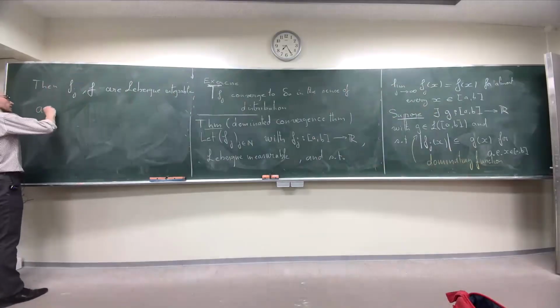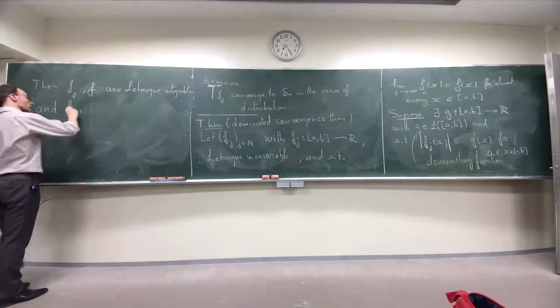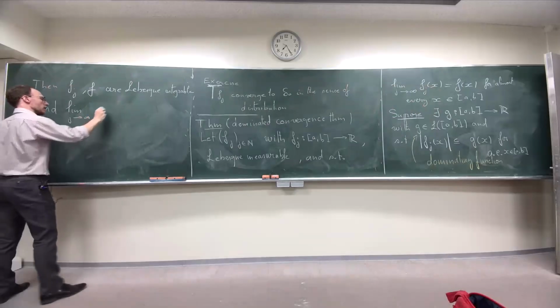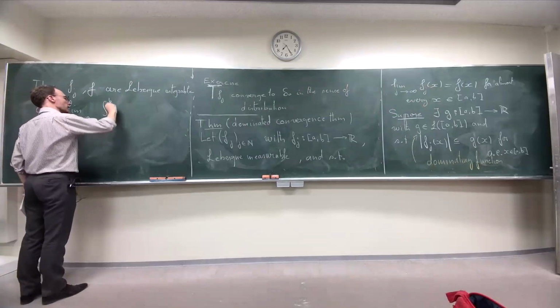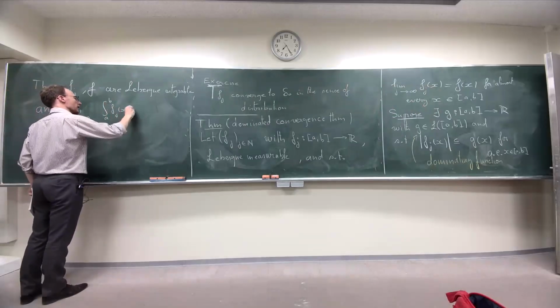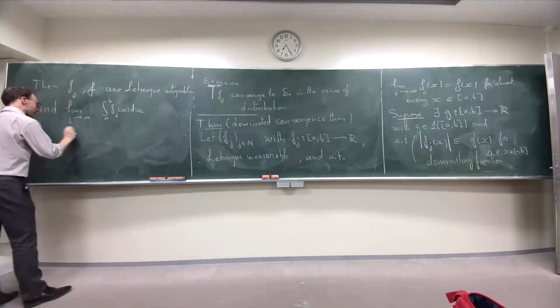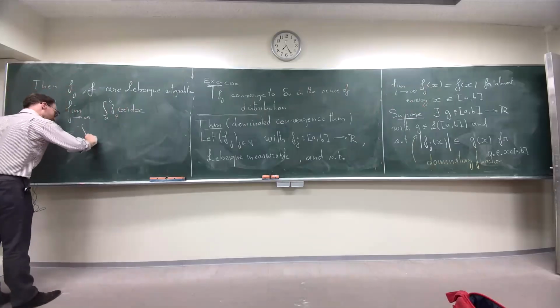And the most important thing is the limit when j goes to infinity of the integral over AB of fj of x dx. Don't tell me that this is trivial, because this is not trivial.